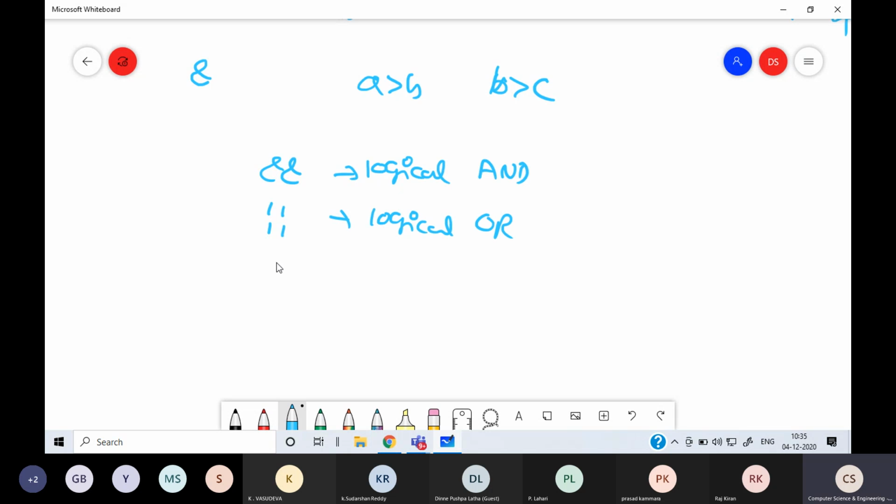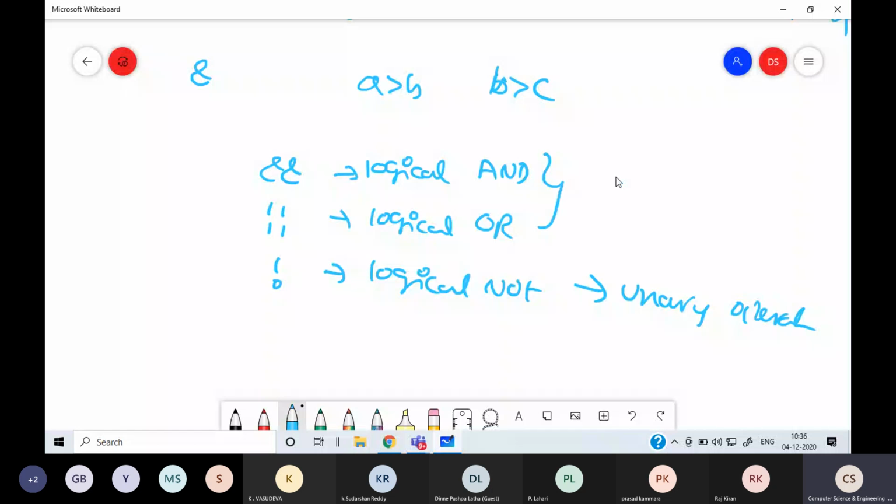Now there is not, this is logical not. Logical not is a unary operator, and these two are binary operators.